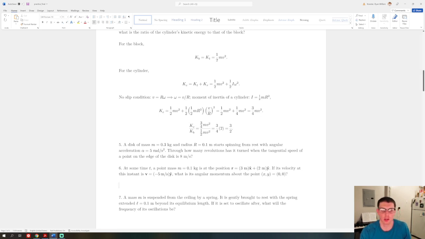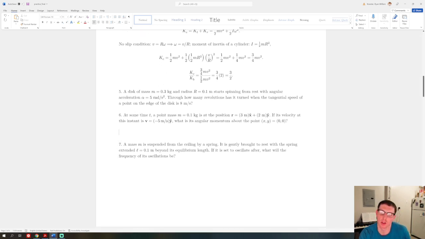This is another, I think, good one to make sure that you're clear on. Let's see here. So we could just brute force this, right? The first thing to note is that it's a point mass, so it's not going to be spinning about its own axis, which means that it won't have any spin angular momentum, right?